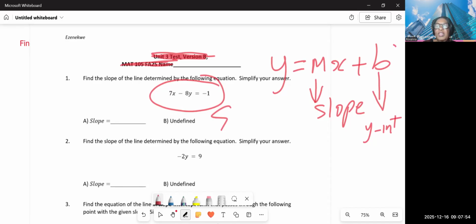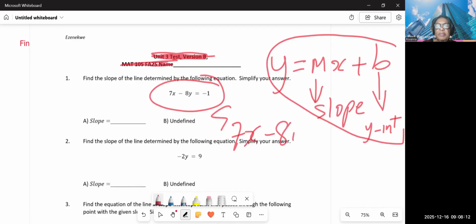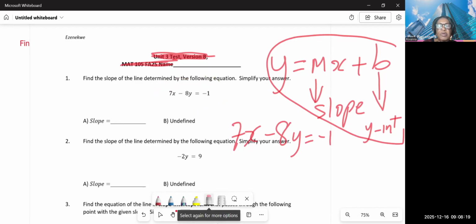So I'm told to find the slope of the given line. I want to solve this equation to be in this form, which is called the slope-intercept form. So what I want to do is copy the equation 7x minus 8y is equal to -1.